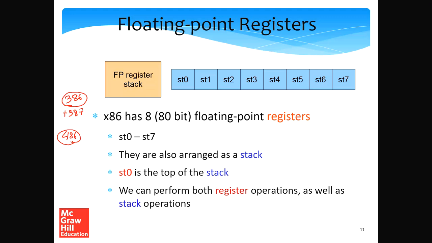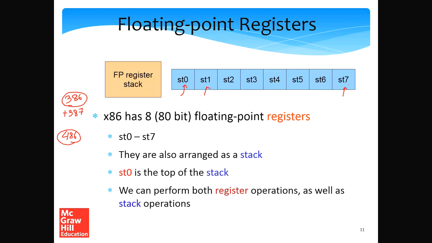It arises from the fact that the set of registers can be addressed independently. There are 8 floating point registers, and they can be addressed as ST0, ST1, till ST7.